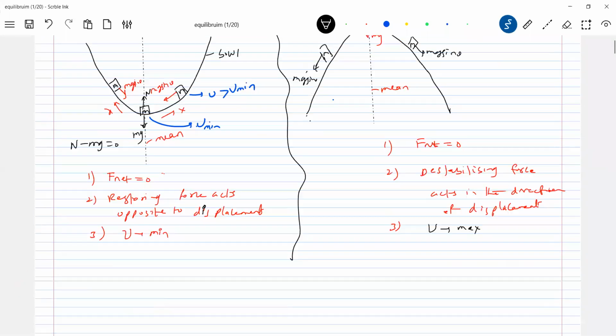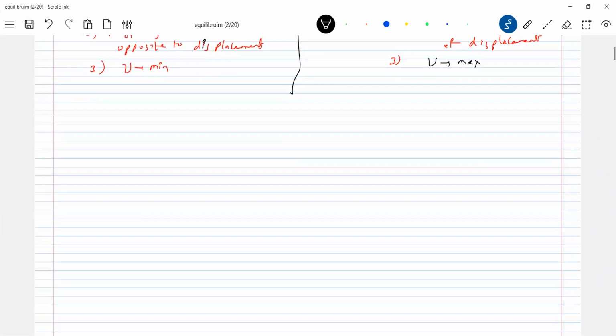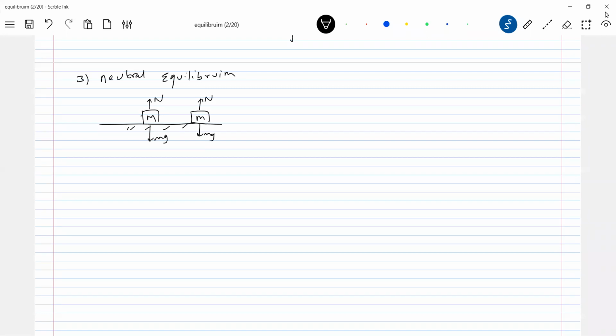Okay, after this, the third category is the neutral equilibrium. What is the neutral equilibrium? If a body is kept on a surface and I displace it, again it will retain its position.